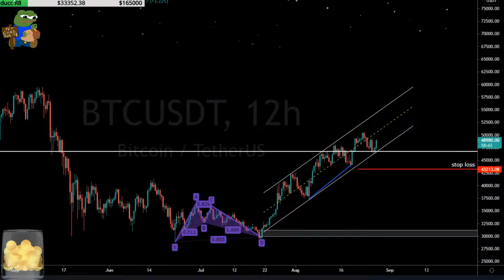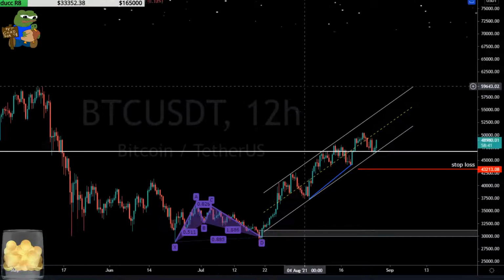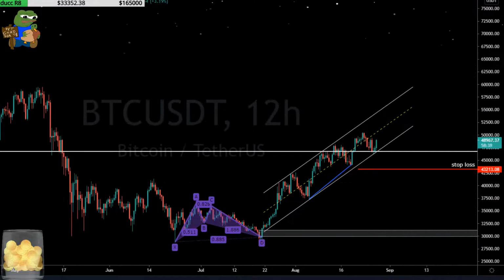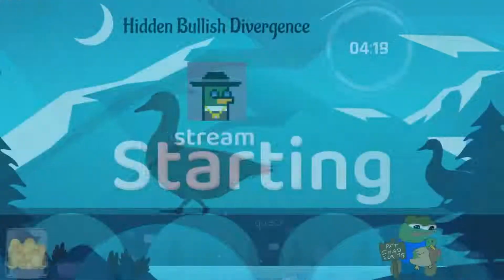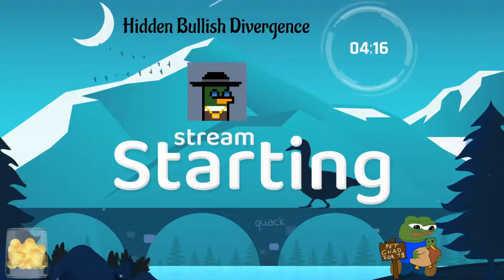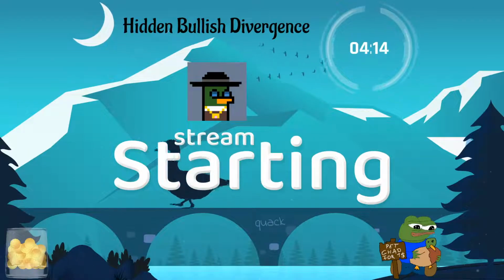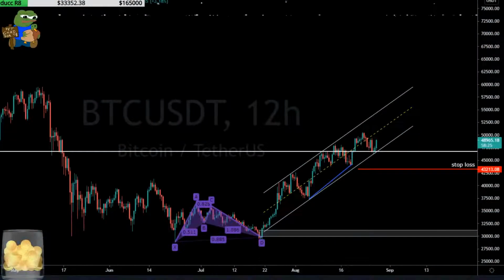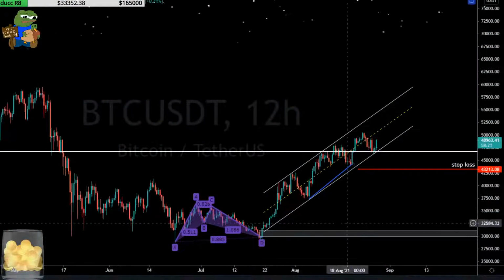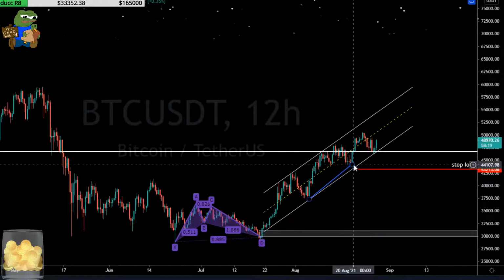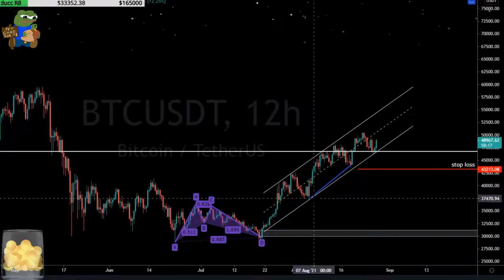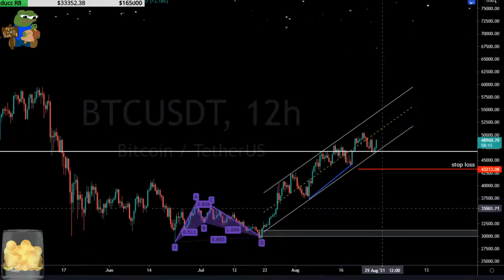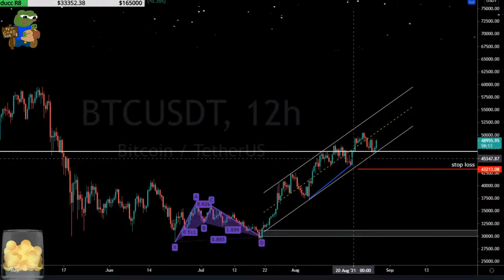Okay, so let's see here. Bitcoin on the screen. Going back to this, I left the title up for the start. The hidden bullish divergence title, right? Because that was the theme of how we got to where we are now. If you notice this blue line right here, that signified our hidden bullish divergence.